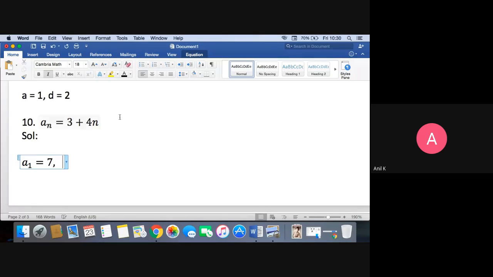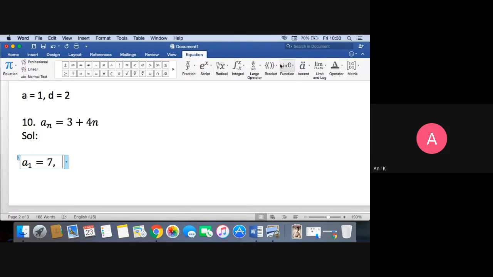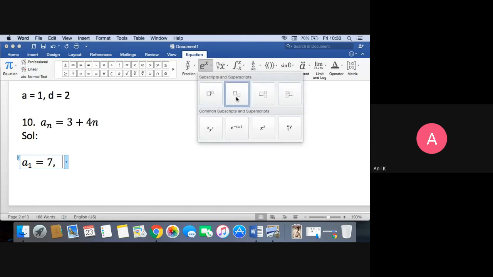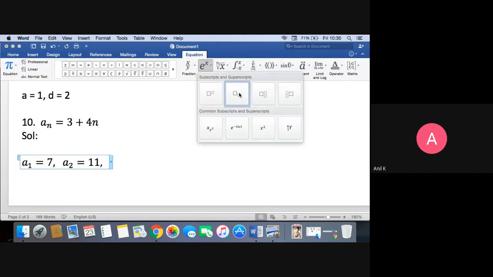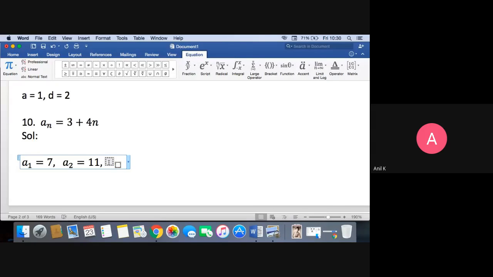Now next term is A2. A2 equals, if I substitute n equals 2 here, 3 plus 4 into 2. 4 into 2 is 8. 8 plus 3 is 11. Now if I find A3, I think 15. A3 equals 3 4s are 12. 12 plus 3, 15.